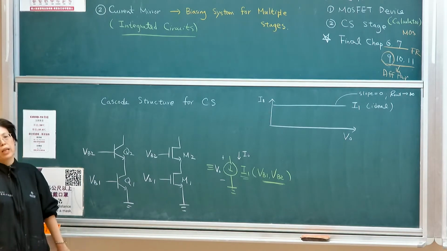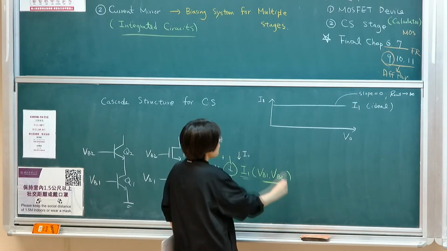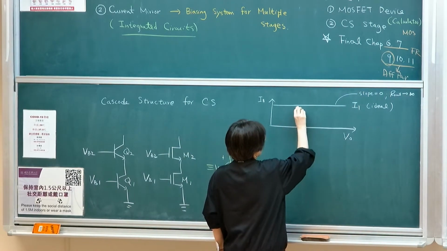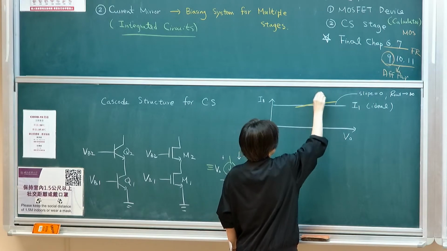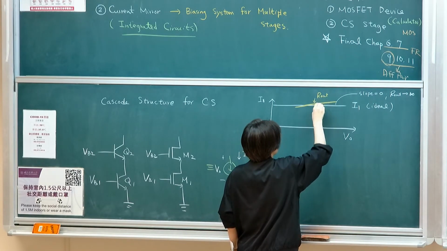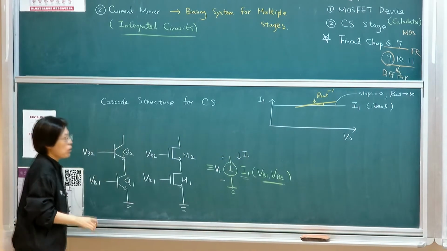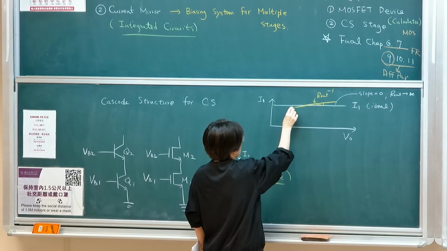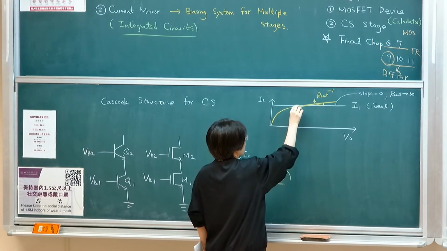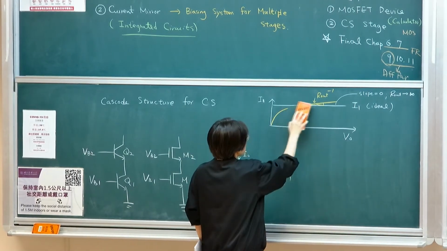It's supposed to give you 1 milliamp no matter what. But in the real case, you would have something with a finite RL. The slope is 1 over RL. So if it's not a flat line, you would have a finite output resistance. And then the other thing is, when does this reach this high flat region? Just to be precise.